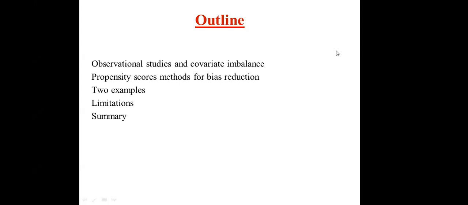So we'll talk about covariate imbalance. We'll talk about how propensity scores can be calculated and how they're used. That's quite a bit of the talk. And then I have two examples to show you how it's been used in the literature or in another study. And finally, some limitations and a summary.